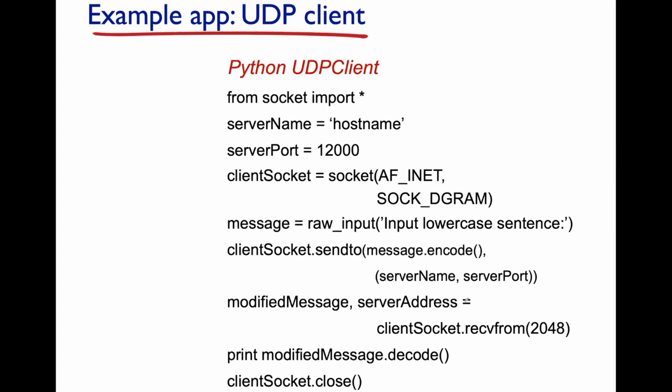And so let's take a look at the Python code. The Python code includes getting the socket library from Python, and then we set the host name for the server and the port number that we need to contact the server. So now we create the UDP socket, identifying as a datagram and the version of the TCP/IP stack that you want to use.